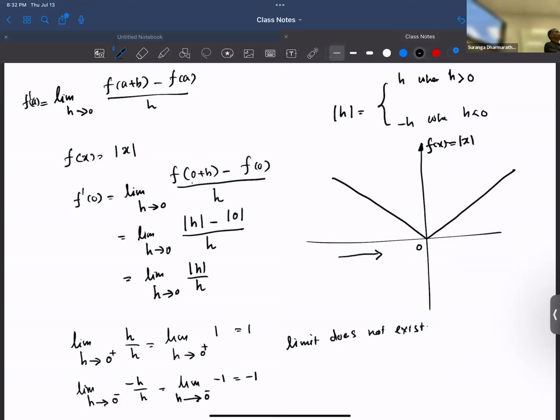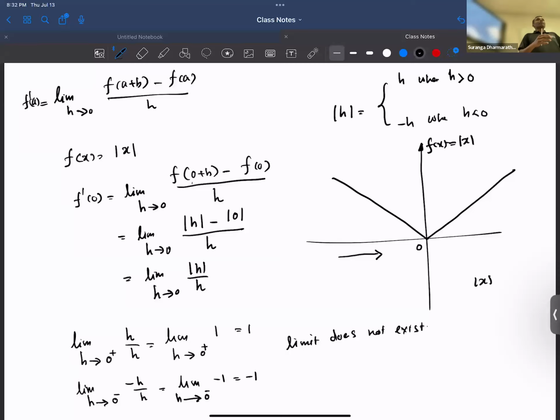Your curve looks like that. The limit does not exist at that point. So this limit does not exist. But is it a continuous function? It is a continuous function. This function has a limit, but its derivative doesn't exist.